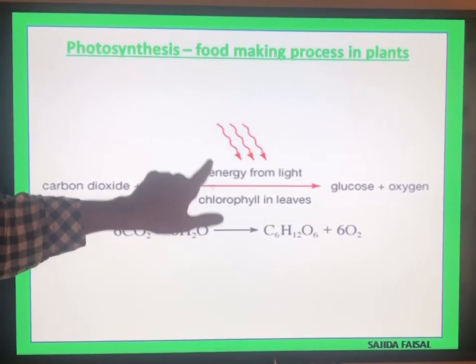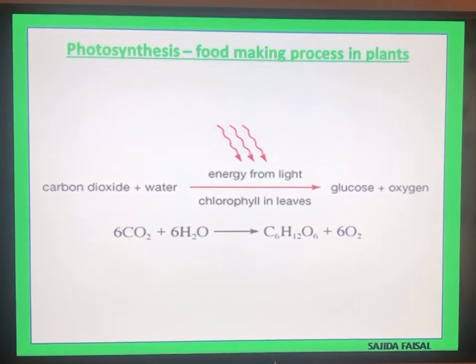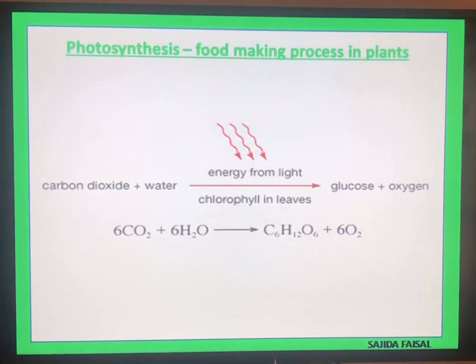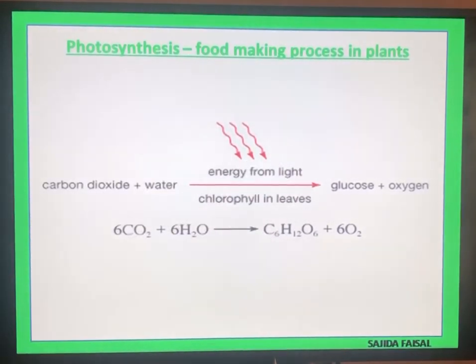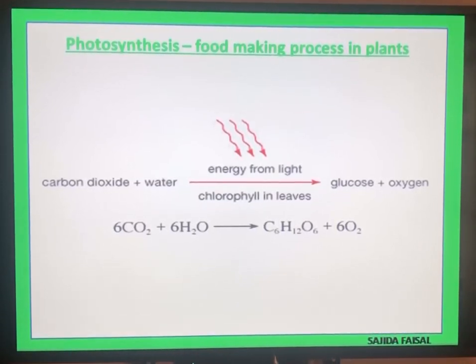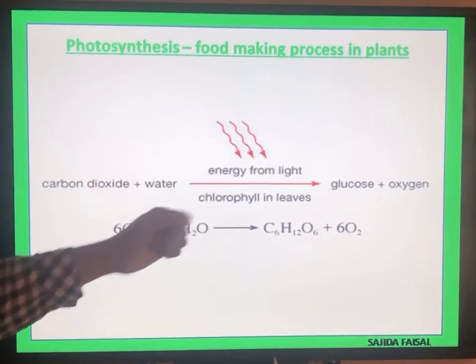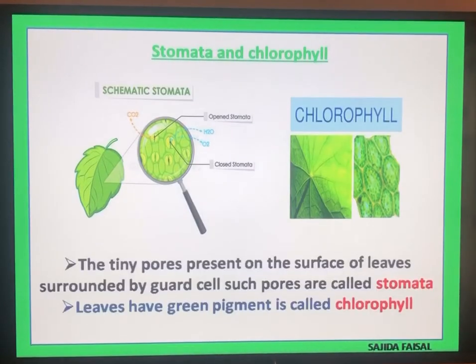By using energy from the sunlight and chlorophyll in the leaves. Green pigments are called chlorophyll. Then they are making glucose. Glucose is the food they are making. Then they are releasing oxygen. This is the equation for photosynthesis: carbon dioxide plus water in the presence of light and chlorophyll gives glucose and oxygen.